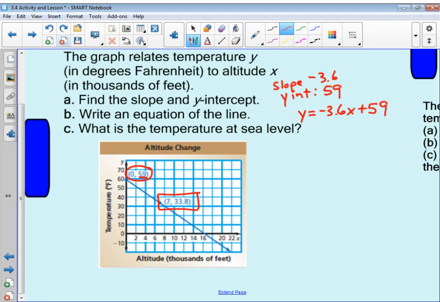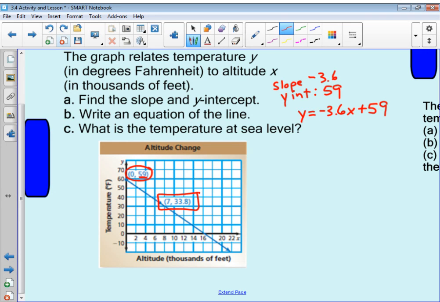And letter C, what is the temperature at sea level? So sea level is this, is our 0, sorry. So temperature at 0, which is our sea level. Well, it looks like it's a little bit above or between 14 and 16.